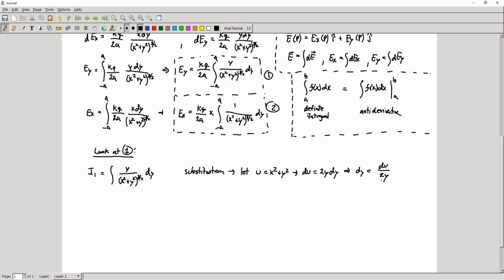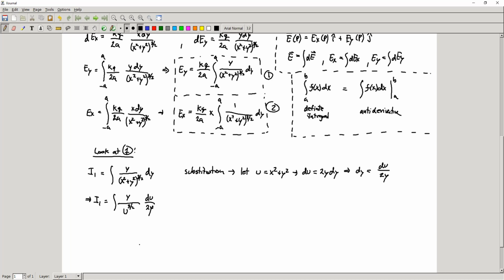We're going to use all these terms that we've just written down, and this means that our I1 is going to be equal to the integral of, and we can see how we do this here. We're going to still have a y upstairs. We're going to substitute u in for x squared plus y squared in the basement here. This will be to the 3 over 2. And then we have our dy. Well, our dy is going to become du over 2y.